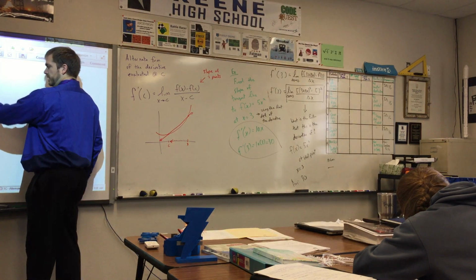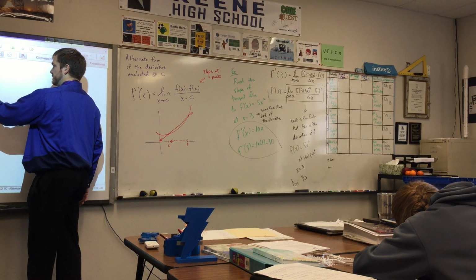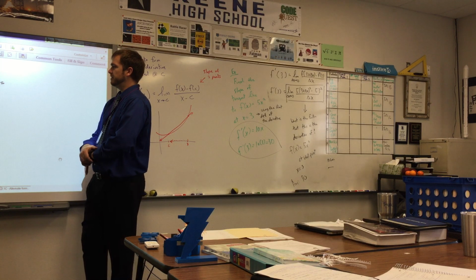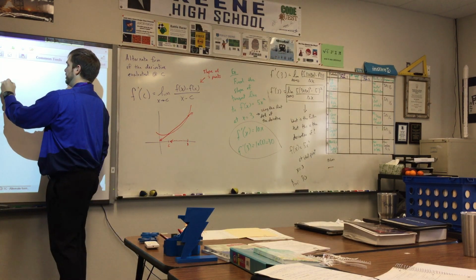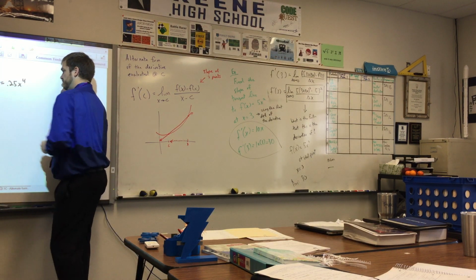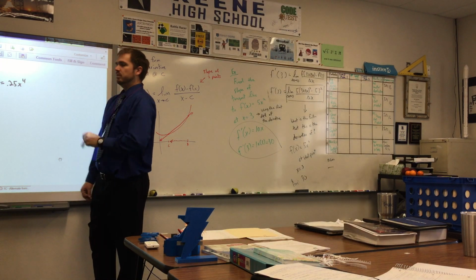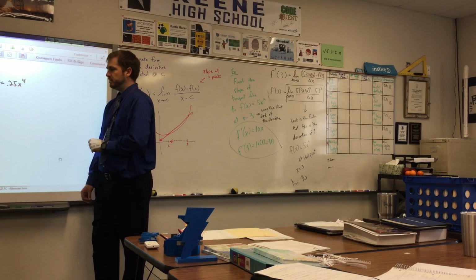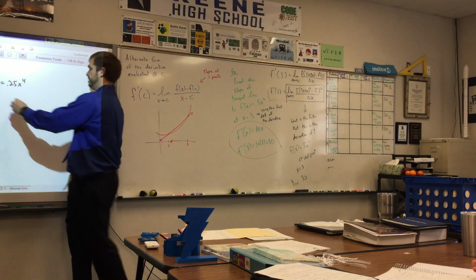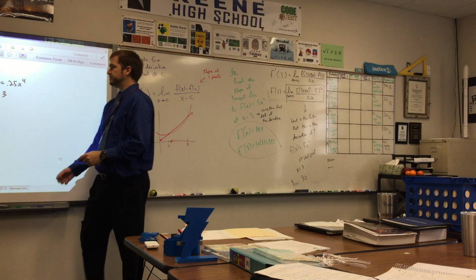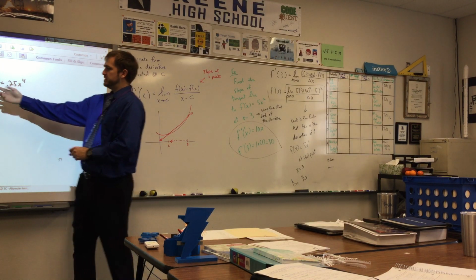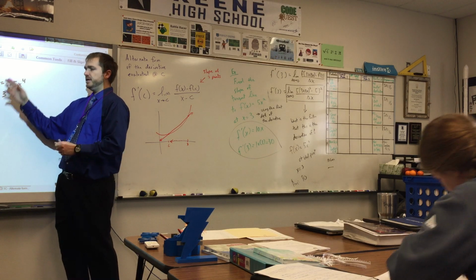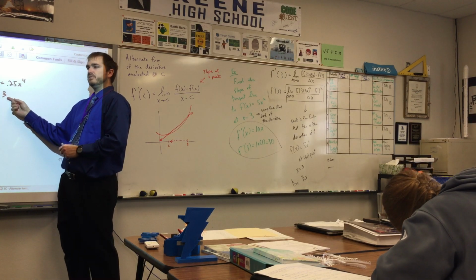So, class, looking at that limit and knowing what the templates are, what appears to be the original function here? 0.25 x to the fourth, great. What appears to be the x value at which it is being evaluated? Yep, 3. So, what this limit problem is doing, it's asking us, really, to find f prime of x evaluated at 3.